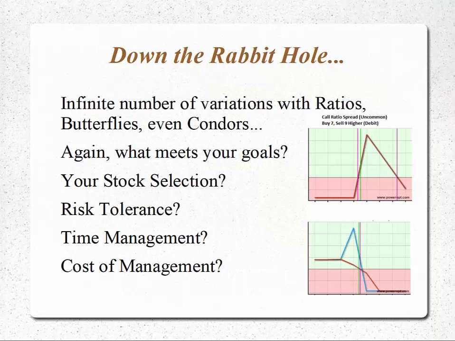I'd love to have a 1-to-9 risk-reward ratio. But remember that 9 times reward will only happen 2 to 3% of the time without time allocated for consistent management on the positions. Do you want to spend your time managing the butterfly spreads or the ratio spreads on a consistent basis with the stock fluctuations?